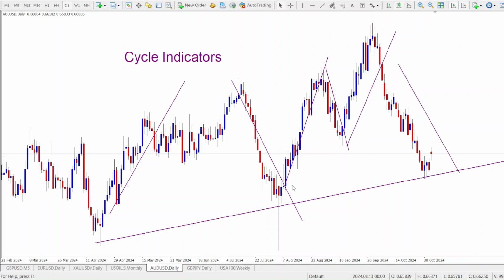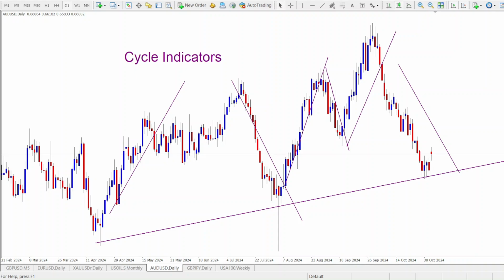Cycle indicators can help us cut through some of this noise, pinpointing patterns that might not be obvious at first glance. When you are trading, you are often dealing with multiple factors, including economic news, global events, and overall market sentiment.